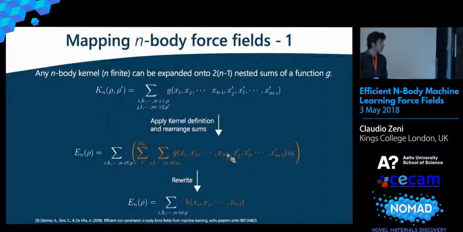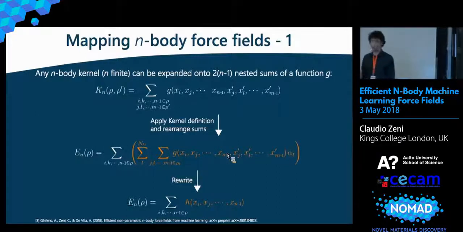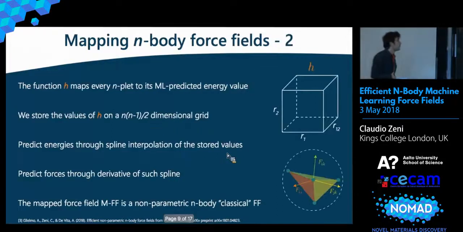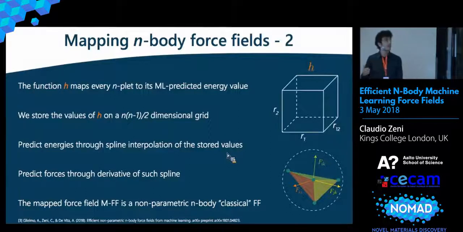So we can just call it a function h, and we have that the prediction on a configuration rho is just a sum over all the n-1 plets of configuration rho of a function h. This function h basically maps every n-plet to its machine learning predicted energy value or force value. But in our case, we used energy values.